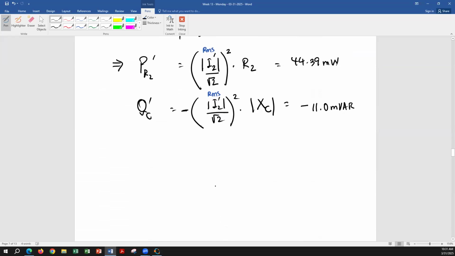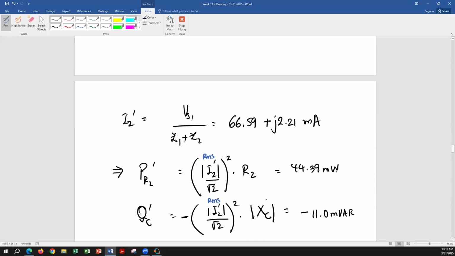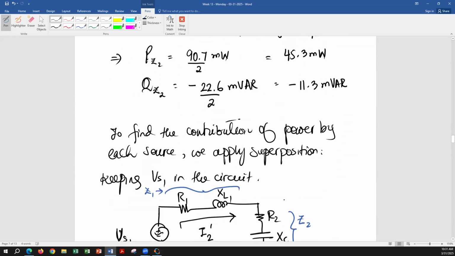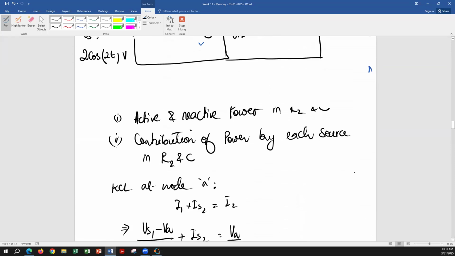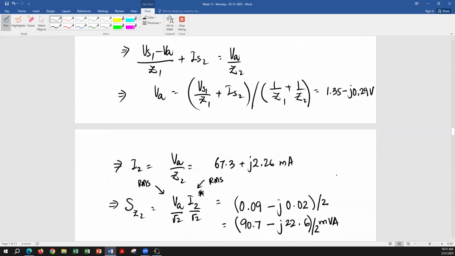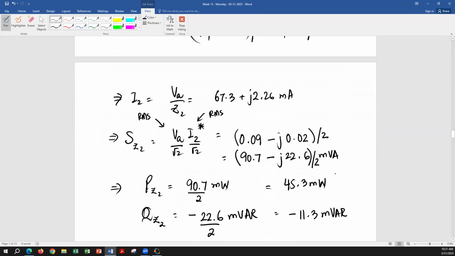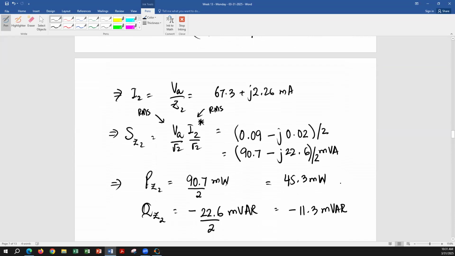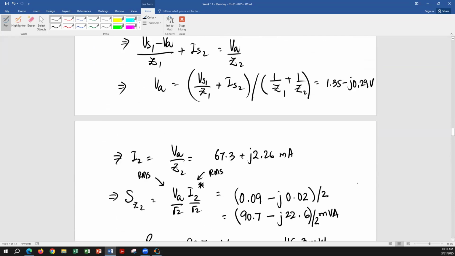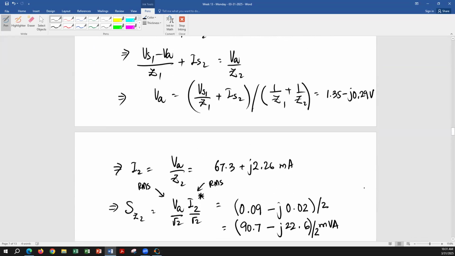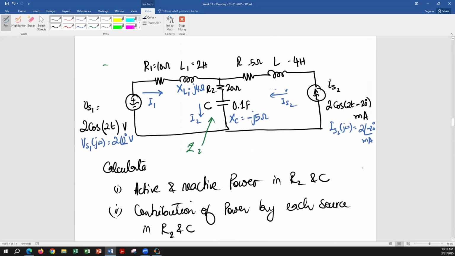Now, this is the contribution by the first source. Let's look at the contribution by the second source as well. Although if you know the total power, you can just subtract it, and the rest of the power is coming from the other source. But we're going to calculate it and see if the two add up to this value. To do this, we are going to shut down VS1.